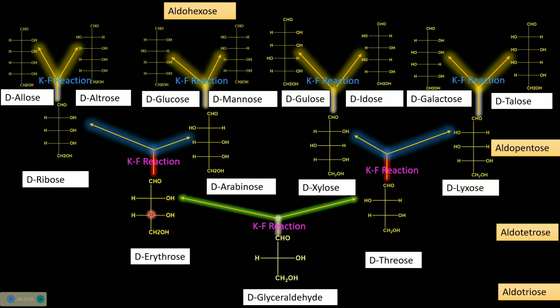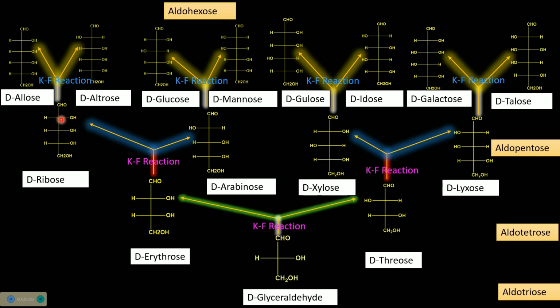From the bottom side draw OH on the right, OH on the right, because these bottom two stereochemistries will be retained in the products. In this product also draw a pentose, CHO, CH2OH, and the bottom OH should be right, because in the reactant this OH is right, means D. Just at the top, the extra chiral center that is formed, if one OH is right, then in the other product that OH is left.